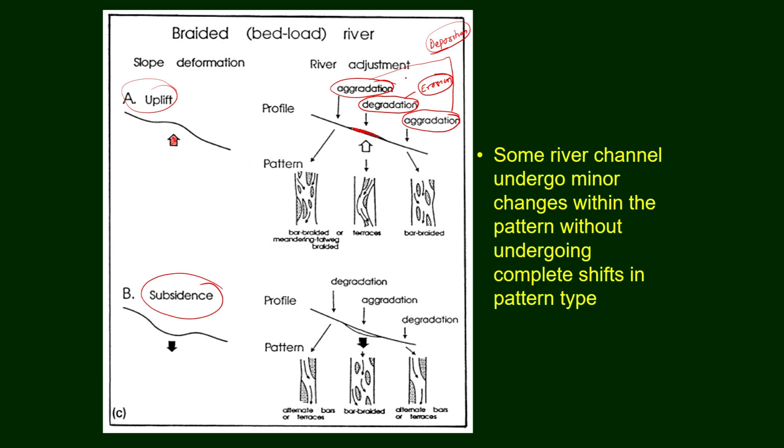Also, the pattern here is that you have braided bars, braided channels. This portion will have channelized flow, of course, but the landforms which will develop here will be terraces, and further down we will have a similar pattern to what we were able to see upstream of the uplift.